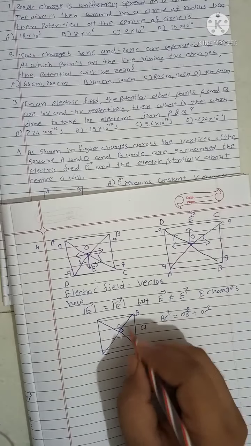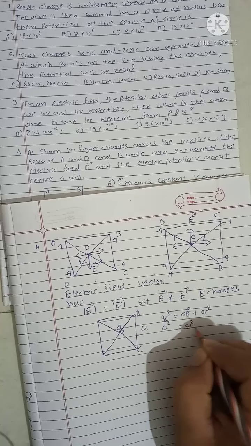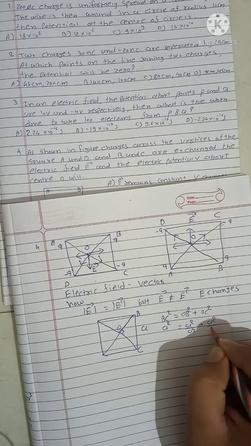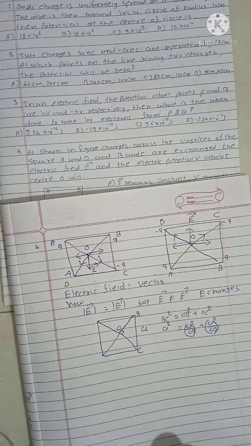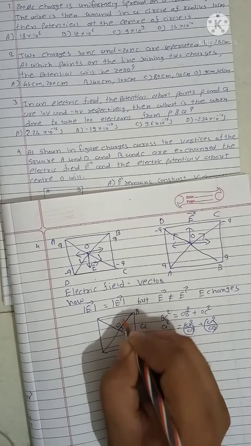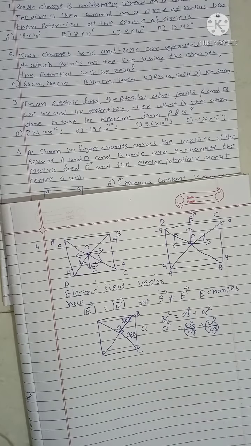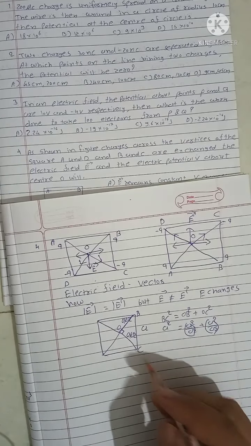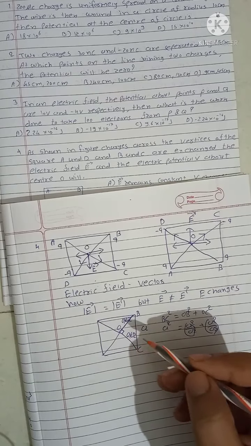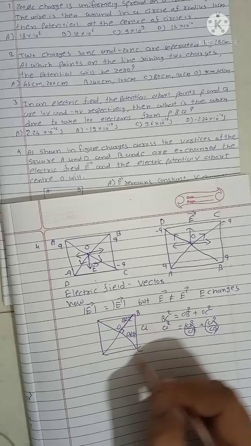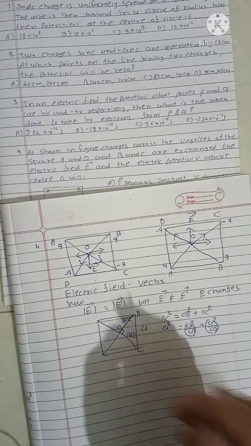This is simple math. This side is a, so it will become a by root 2 whole square plus a by root 2 whole square. So this side is a by root 2 and this is also a by root 2. Both sides are the same, as you know that the center of a square is equidistant from all the vertices.